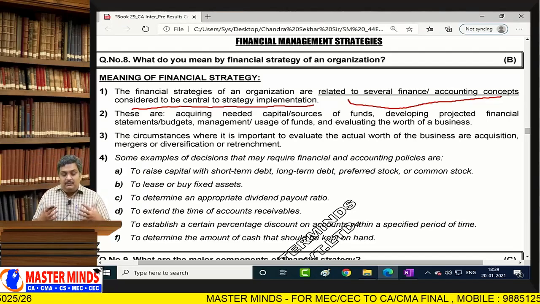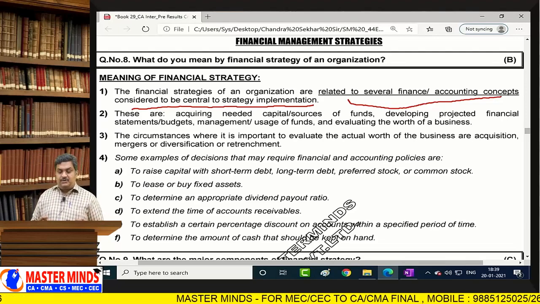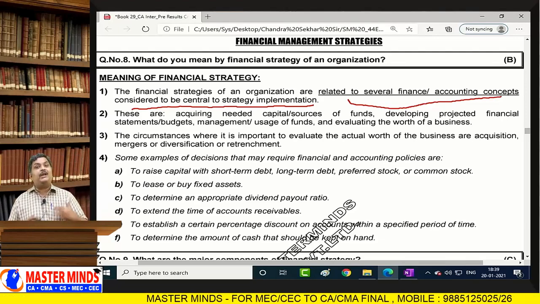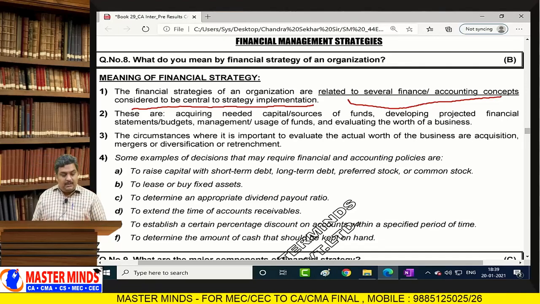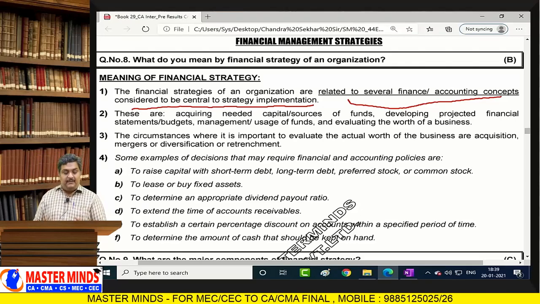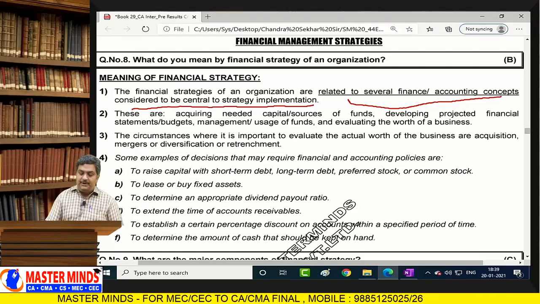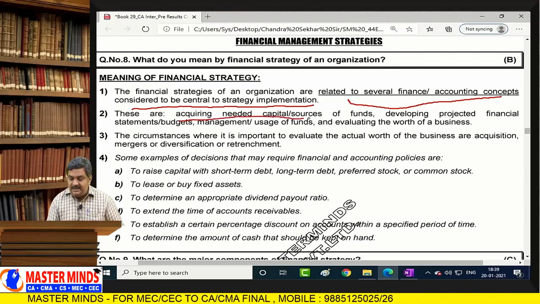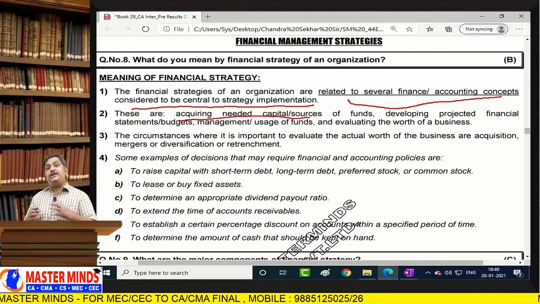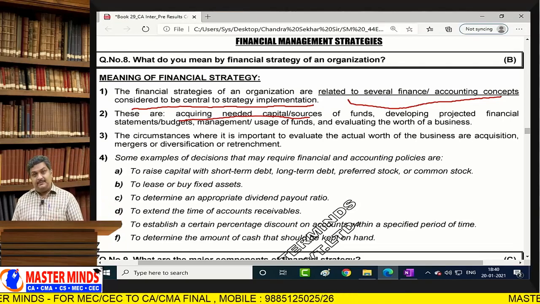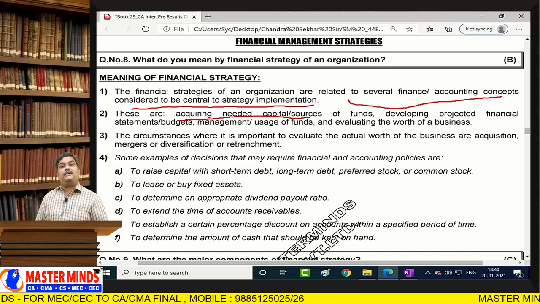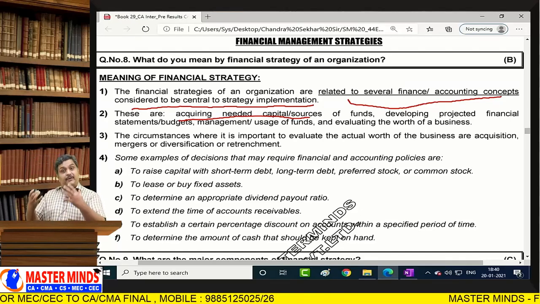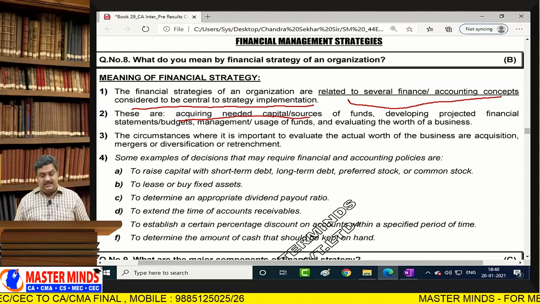So, generally in financial management strategy, what are the major areas that I have already told you? Again, in the second point here, they are given. We need to acquire the needed capital, or we need to look at the sources of funds. That is the most important component of financial strategy. Where from we can get the funds, that we need to understand.